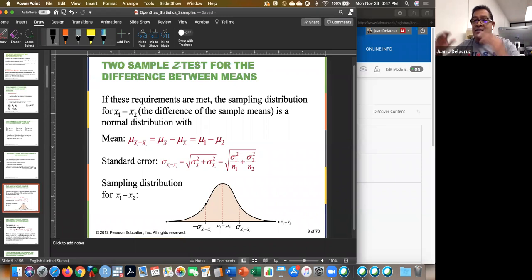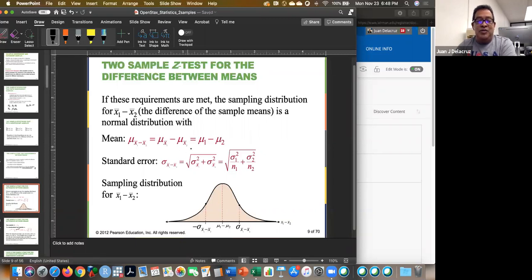I'm going to take the mean of these values and then take the difference. So the difference of the sample means is the mean of sample 1 minus the mean of sample 2. It's going to be represented by this element, the mu, the mean value of the difference of the sample means.